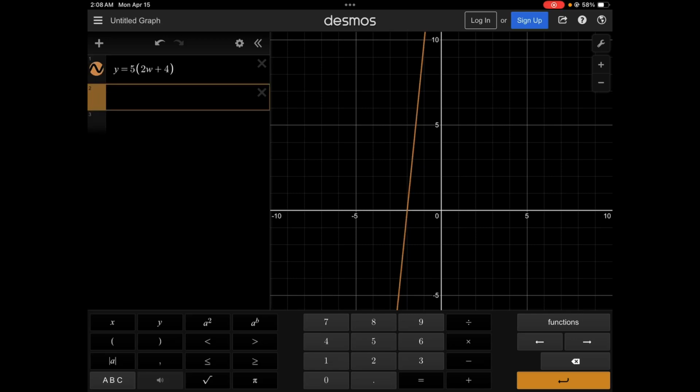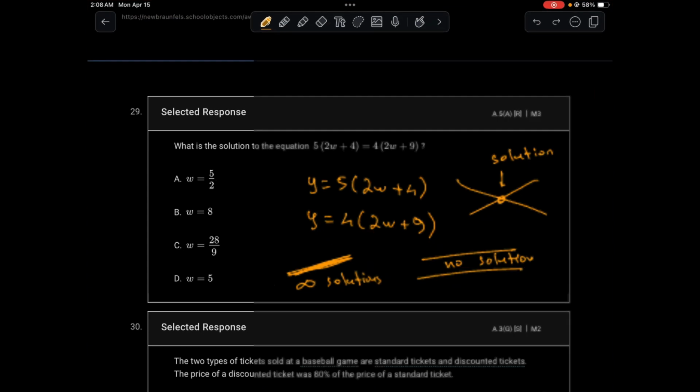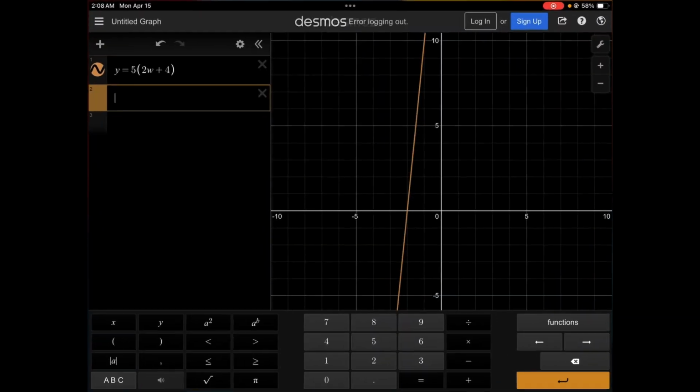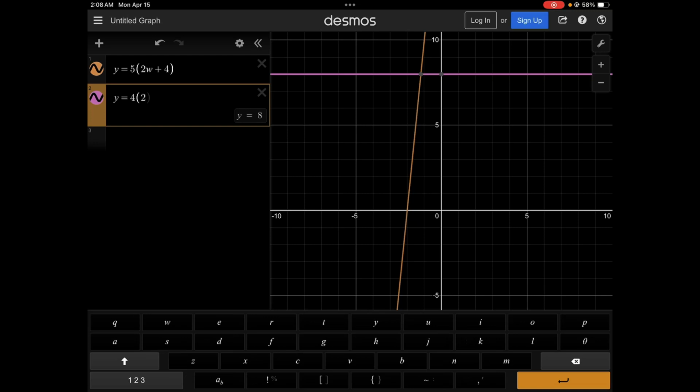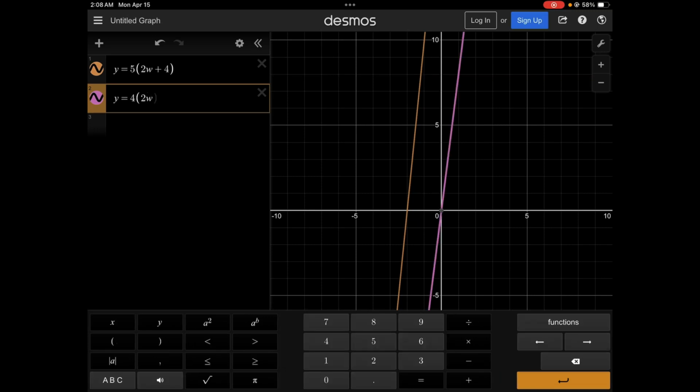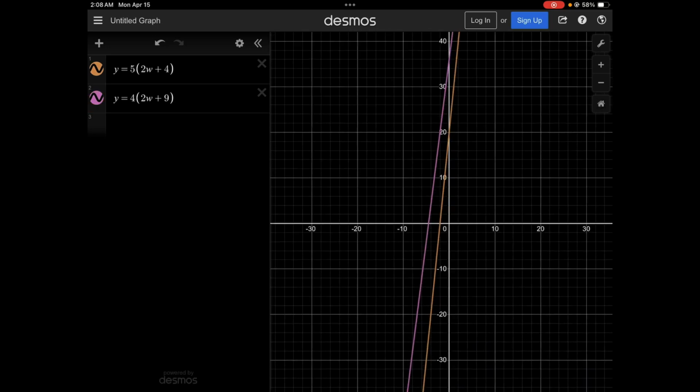Now let's do the other one. The other one was 4 times 2w plus 9. Y equals 4 times 2w plus 9. Well, where do they intersect?